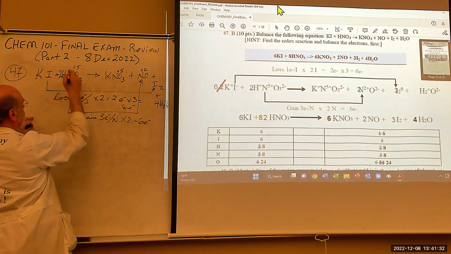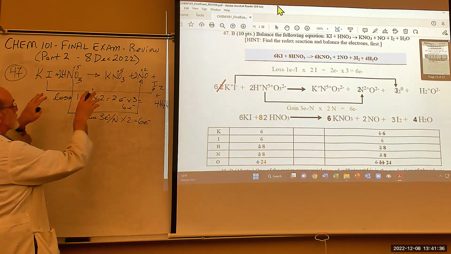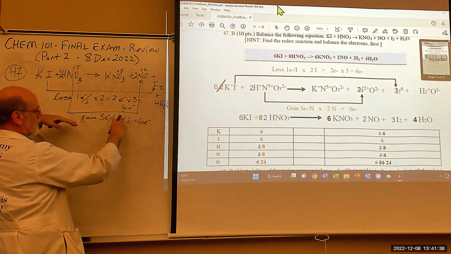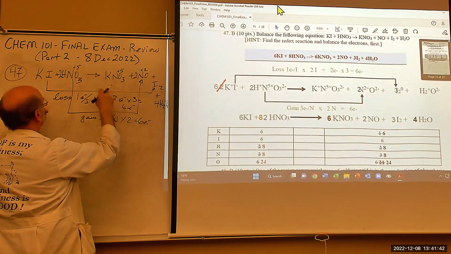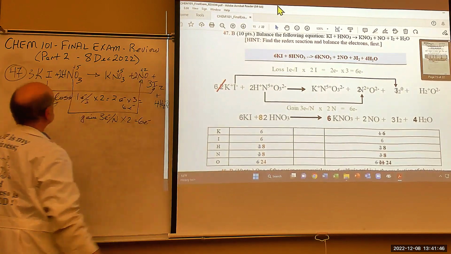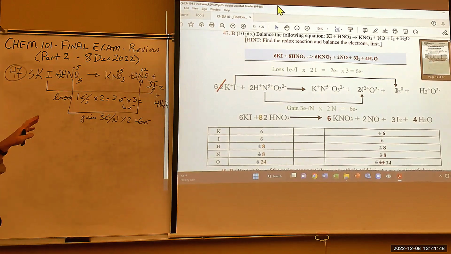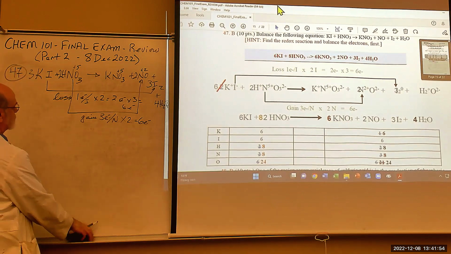Well, you put a 2 there and a 2 here. That gives you 6 electrons on this arm of the redox reaction. On this one, we need 3, so we're going to say 3 here and 3 here. Now that's where you start to do your budget method.